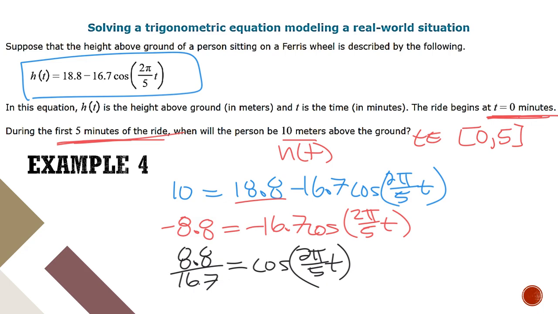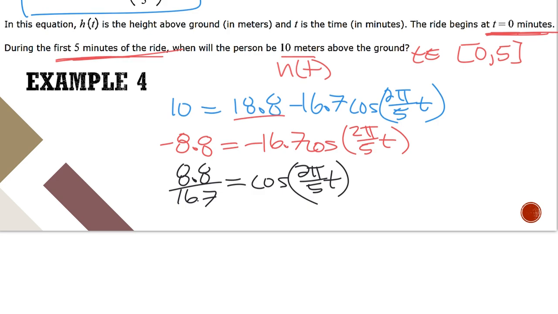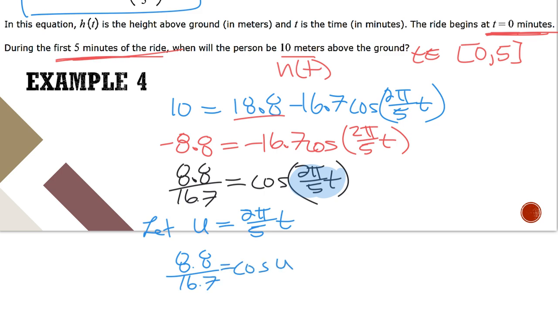Now, this is kind of weird looking, so what we're going to do is replace this with u. We've been using u or z. So let u equal 2 pi over 5 t. So when I do this, I can rewrite this as 8.8 over 16.7 equals cosine of u, which is nice because now I can solve this and find u.